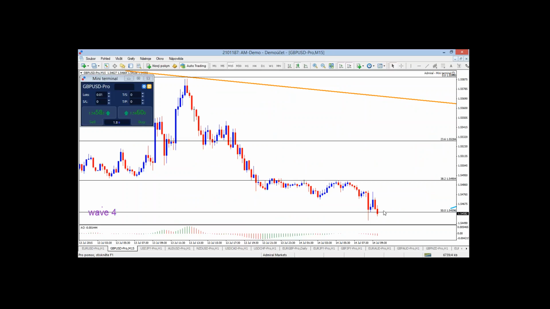Let's say it does this. But the only thing that is very important to keep an eye on is the fact that if it goes sideways like this, it could still easily be a bear flag. And then it breaks.